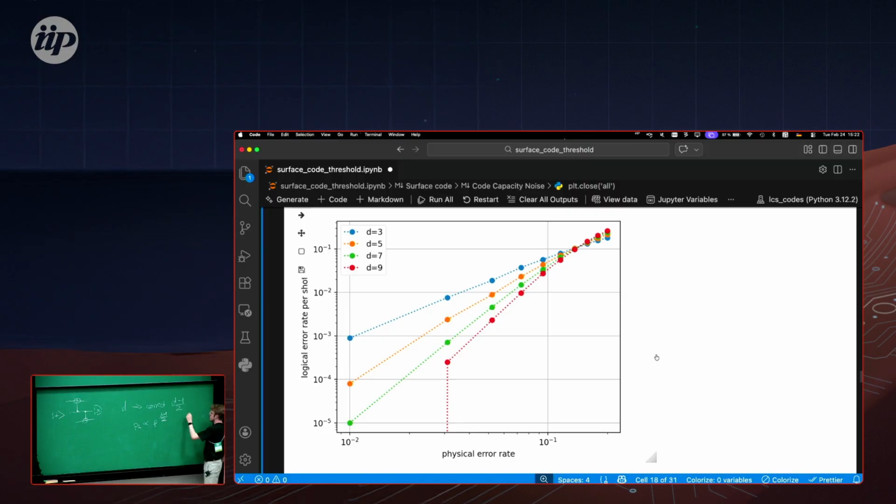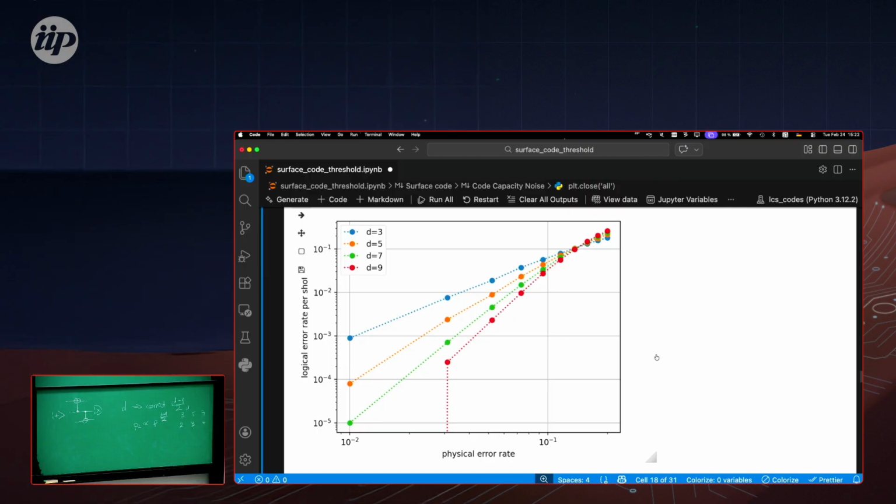For distance 3, 5, 7, that would be a quadratic, a cubic, and a quartic scaling. And you can see here in this log-log plot that this is indeed the case. Distance 3 scales quadratic, distance 5 scales cubic, distance 7 quartic, and so on.